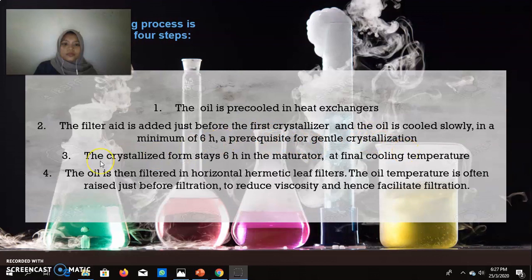Next, the crystallized oil stays 6 hours in the maturator at final cooling temperature. The last step is that the oil is filtered in horizontal hermetic filters. I already showed you these figures on the slide before.